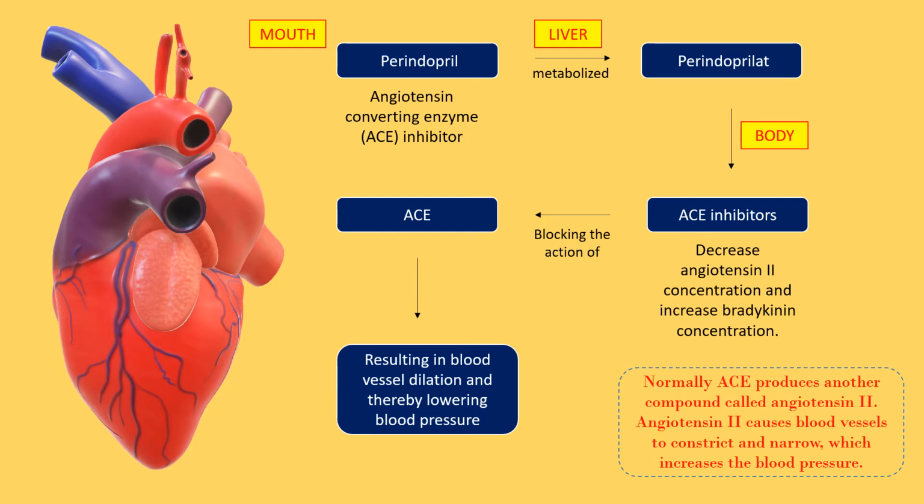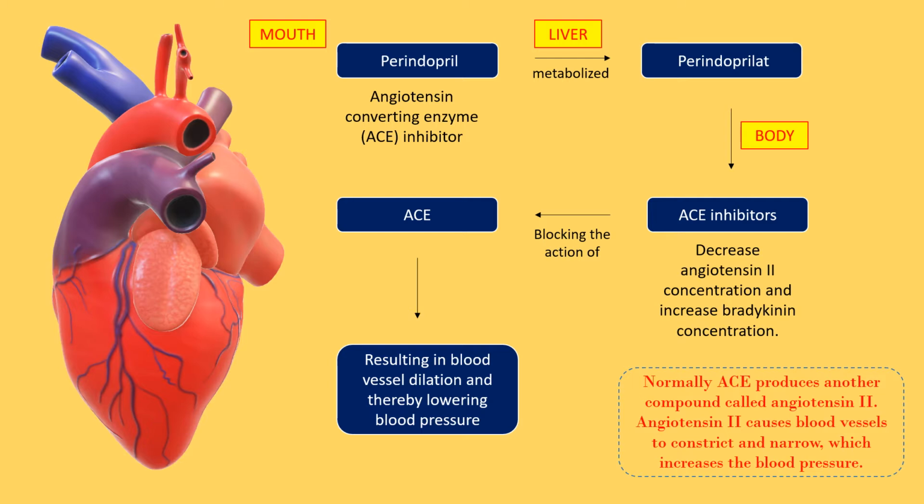As I have told before, perindopril is an ACE inhibitor, so it will block the action of ACE. Usually, ACE produces another compound called angiotensin 2. Angiotensin 2 causes blood vessels to constrict and narrow, which increases blood pressure.